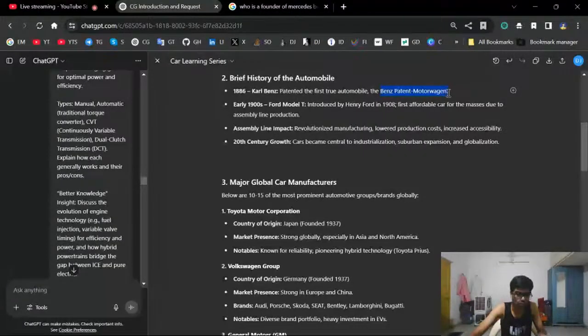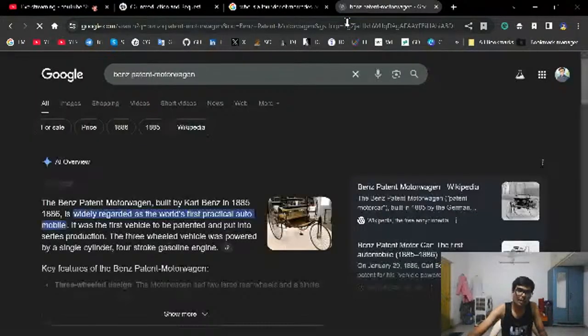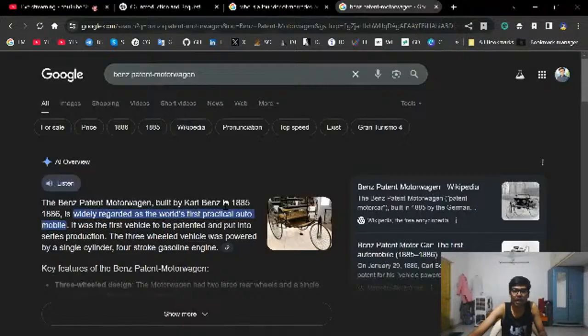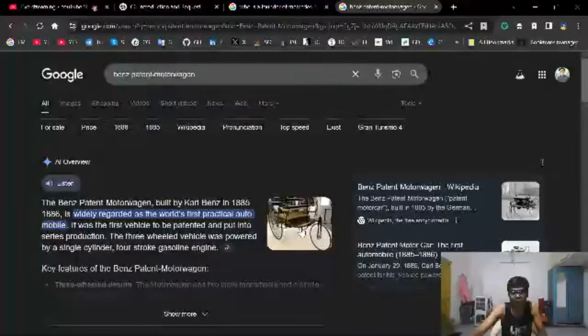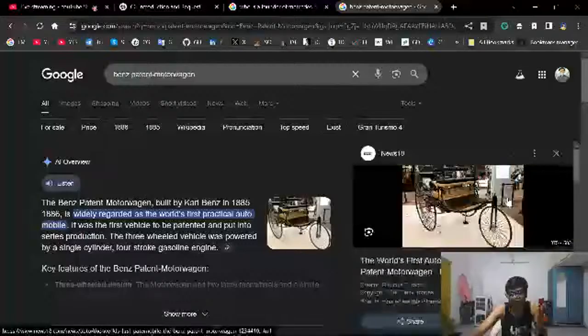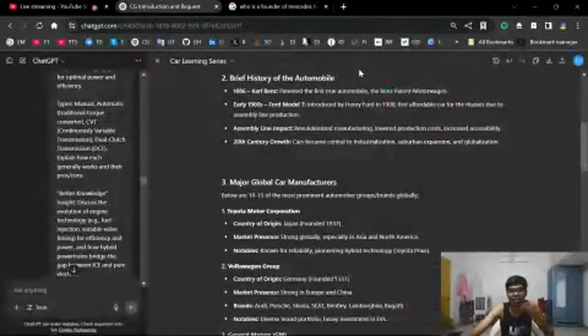This is the first true automobile patent, by Carl Benz in 1885. A practical automobile at that time. It's a very long time ago. Nowadays a lot has happened, and from there we came to supercars.